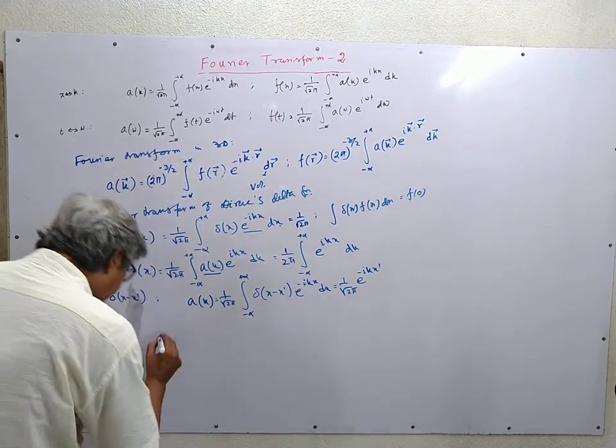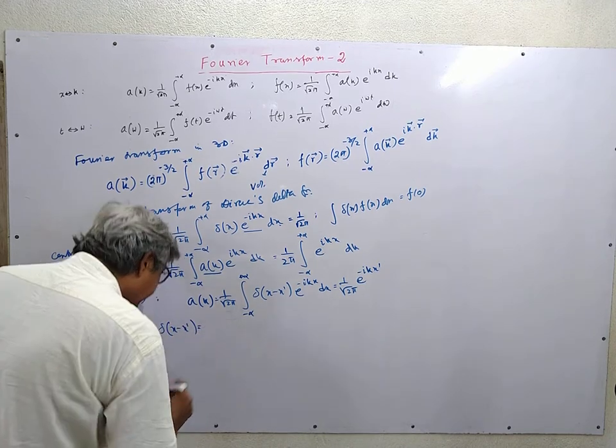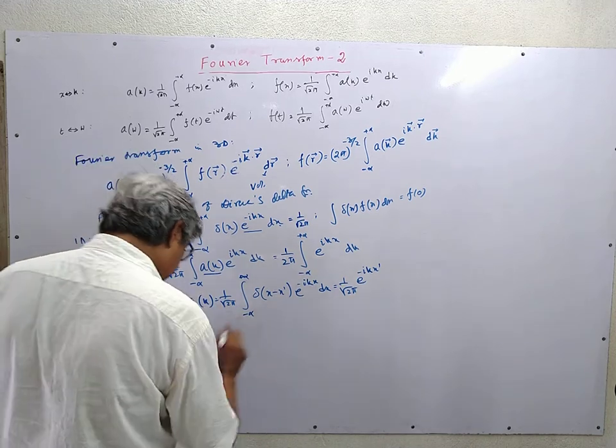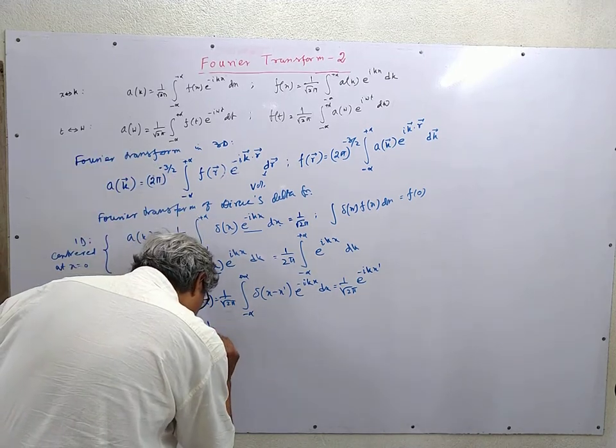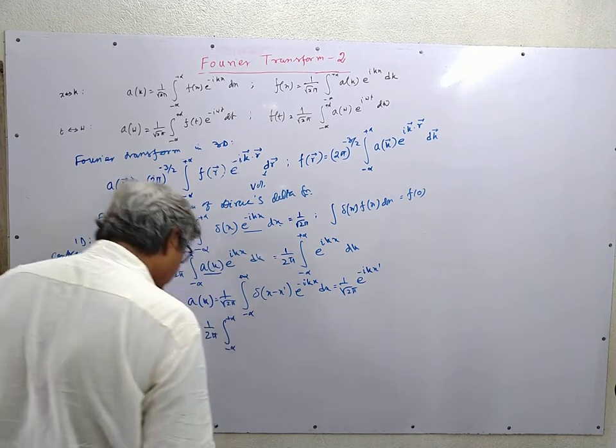So the corresponding delta of x minus x prime can be written as 1 by root 2 pi times 1 by root 2 pi, which makes it 1 over 2 pi, then integration from minus infinity to plus infinity.